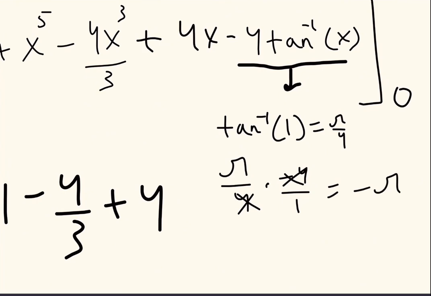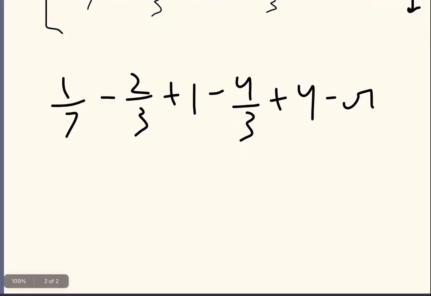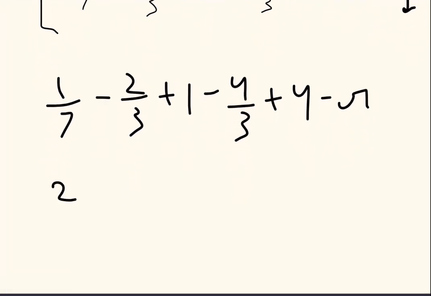So in our equation, we would write minus pi. And now this is just simple math, and our final answer should be 22 over 7 minus pi.